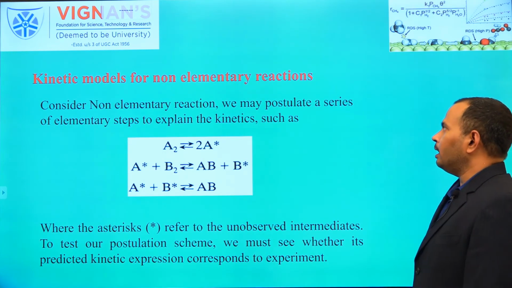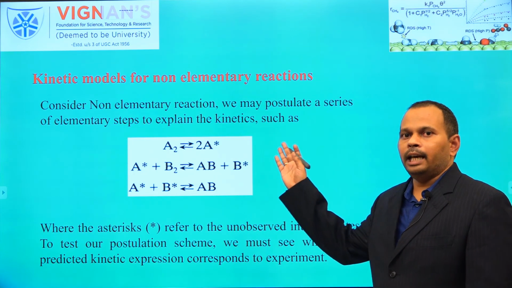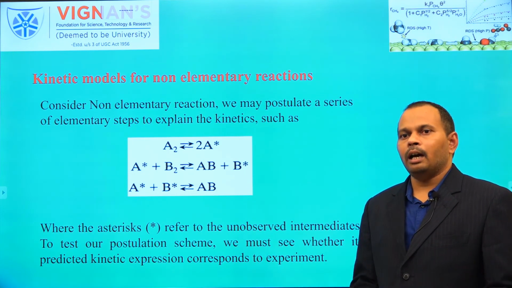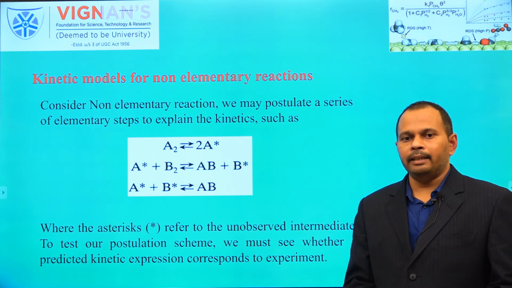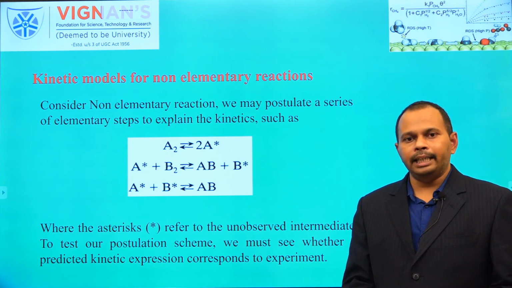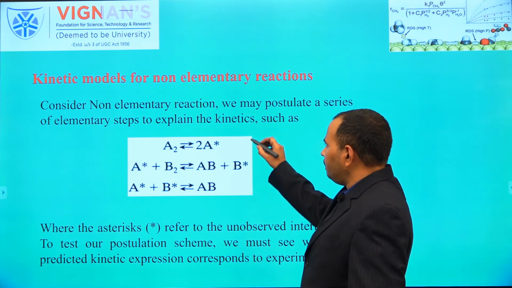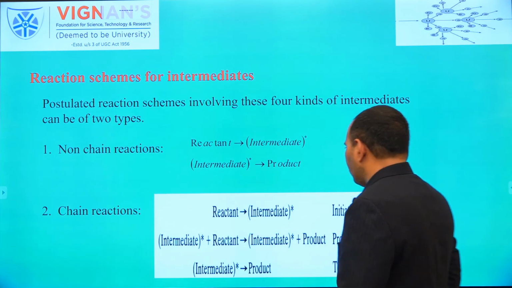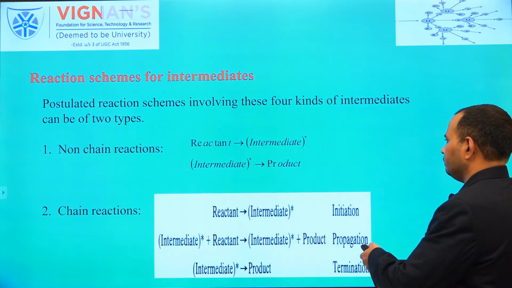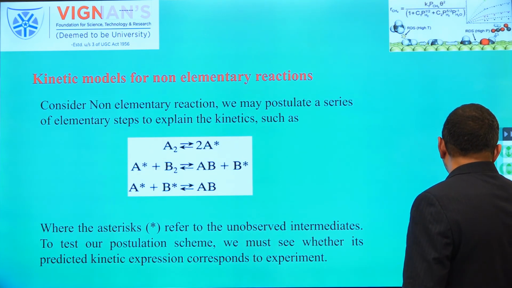So, the kinetic models for representation of non-elementary reactions: suppose we have a reaction in which the rate equation based on the stoichiometry does not match the rate equation based on the experiments. So, here one reaction mechanism is developed, following the chain reaction mechanism.